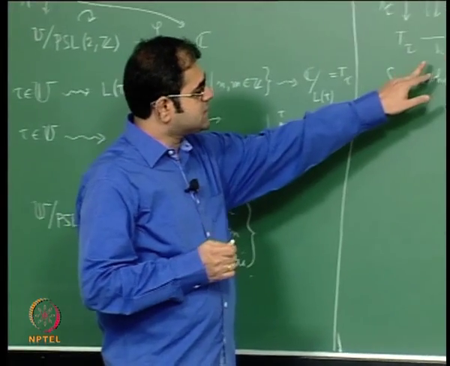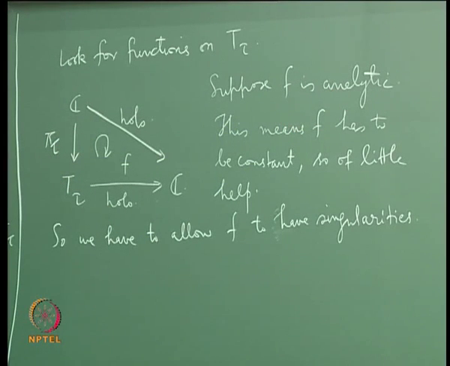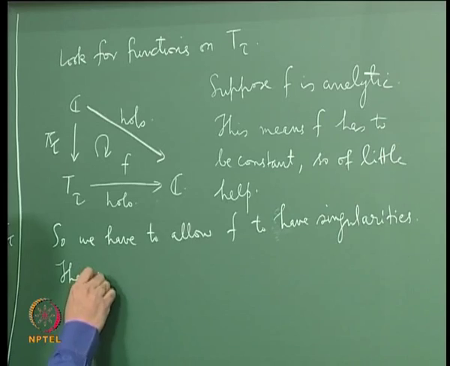So the simplest kind of functions you can try to think of on the torus are going to be meromorphic functions.